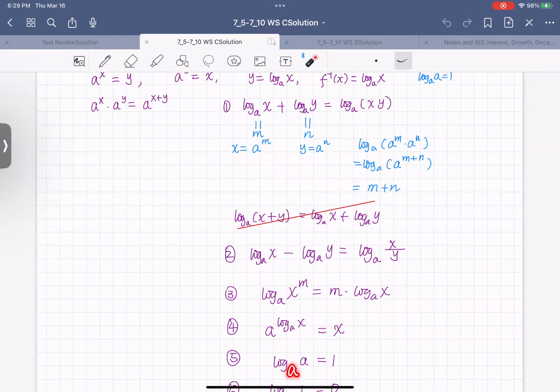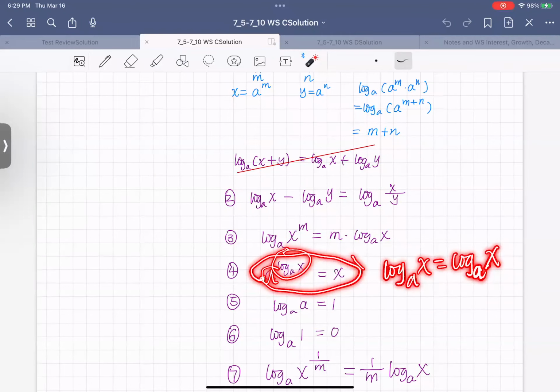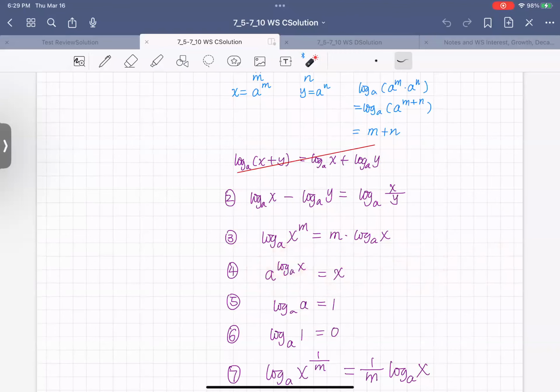If you have a here and a here, the result is just this. You have base a, you have a here, this is 1. This is true because this equals itself. So a as the base, this as the exponent, x is going to be on this side. This is saying a to the power 1 equals a.